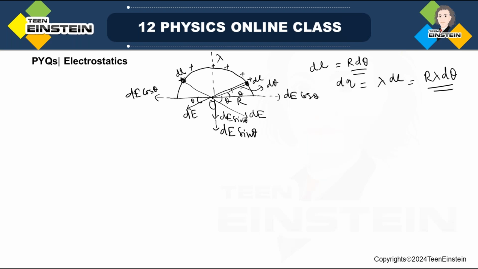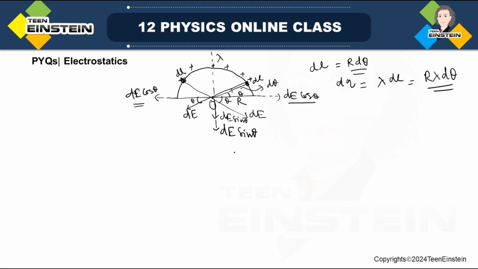That means if I consider an element over here, there will be a corresponding element exactly at the same angle on the other side, or diametrically opposite position, which will cancel, see this dE cos θ with this dE cos θ, isn't it?